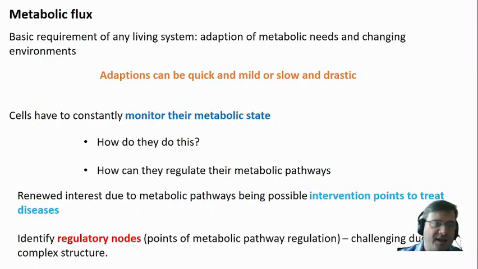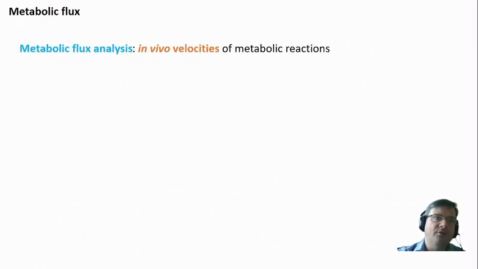Now, this is of course challenging due to the very complex structure of all these intertwining metabolic networks. So, metabolic flux analysis looks at the rates or the in vivo velocities of metabolic reactions and looks to see which enzymes and which components are responsible for determining the rates of that particular reaction.